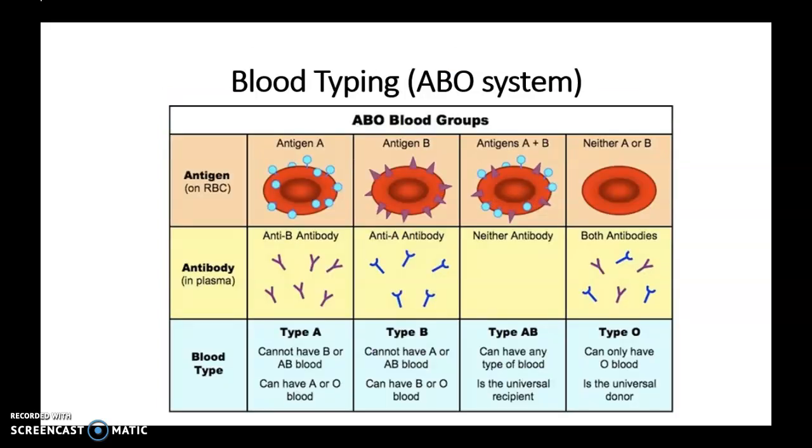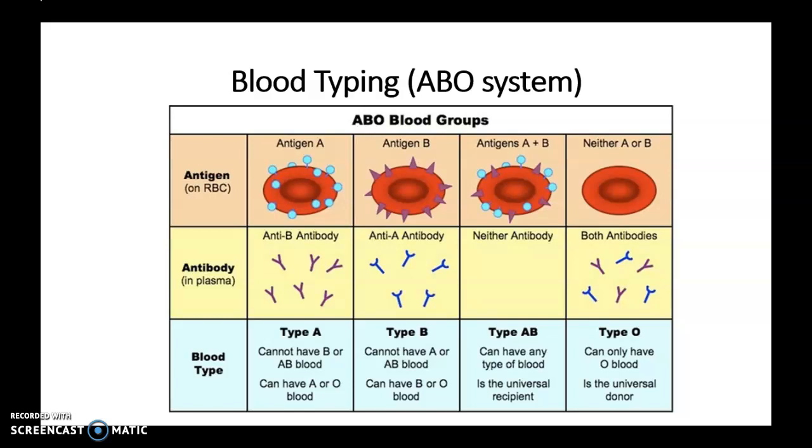Moving on to a diagram that I took from your book. So let's look at the different types. If you look at the second column, you see blood type A, which has antigen A on the surface, denoted by the blue balls. A person with blood type A will have anti-B antibody in the plasma, denoted by the purple Ys. The Ys represent the antibodies.